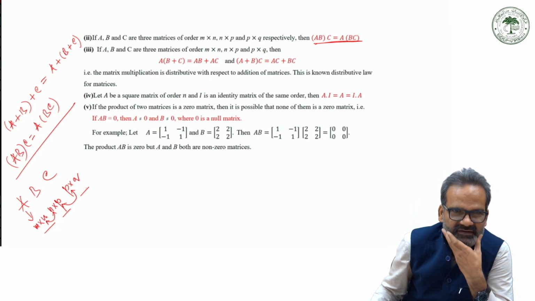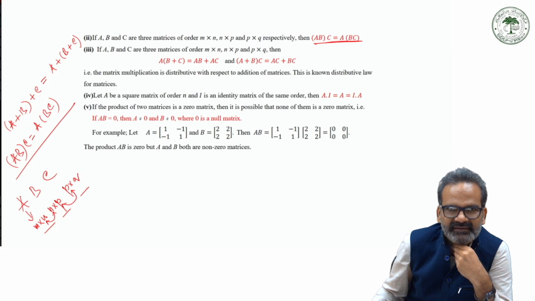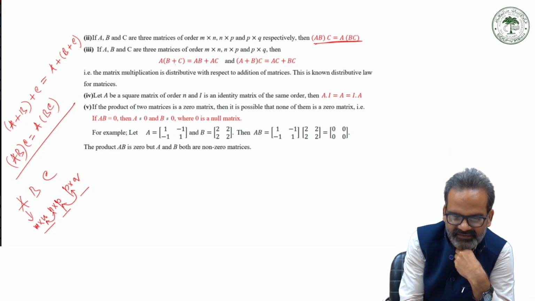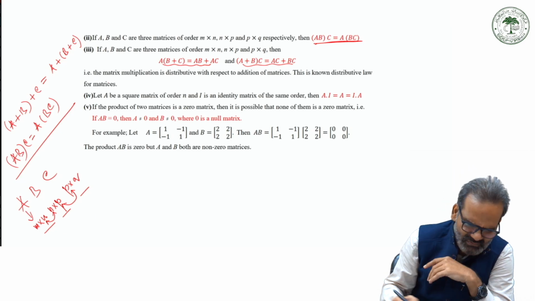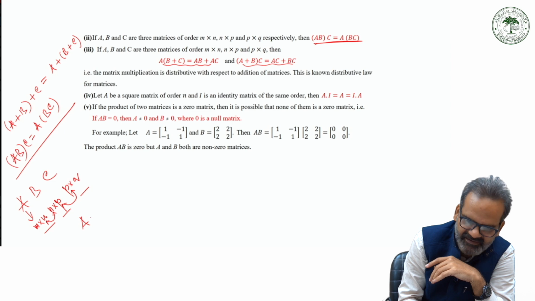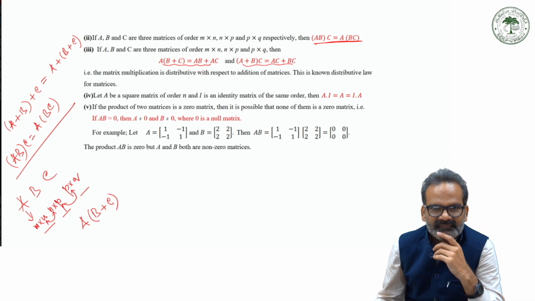The next property is: if A, B, C are three matrices of order M by N, N by P and P by Q, as we have taken in the last property, then this property is satisfied. This is known as the distributive property, and matrix multiplication is distributive with respect to addition of matrices. This is known as the distributive law of matrices. This is very simple. If a matrix A is multiplied with the sum of two matrices B and C, what does it mean?